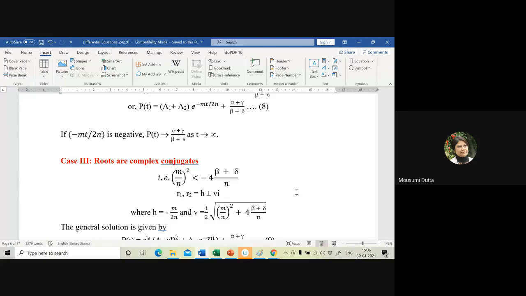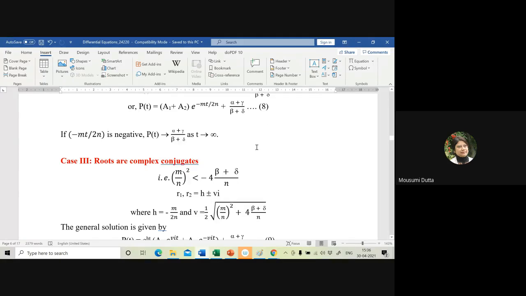In that case, we can present R1 and R2 as h plus minus vi, where h we are considering as minus m by 2n, whereas v is half into root over (m/n) whole square plus 4 into (beta plus delta)/n.